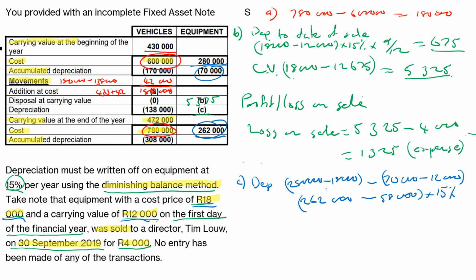That will give you 30,600. That's the depreciation for the remaining equipment.